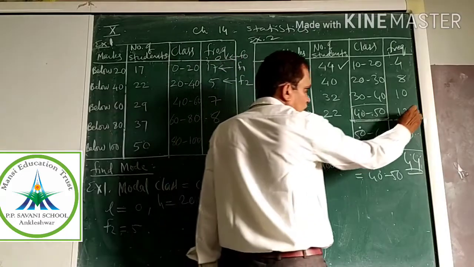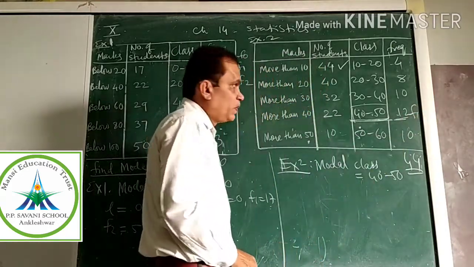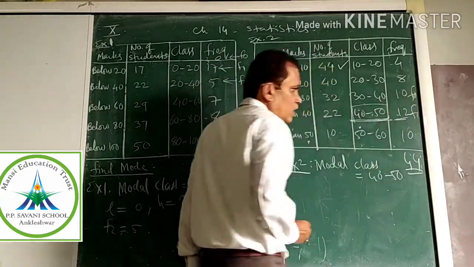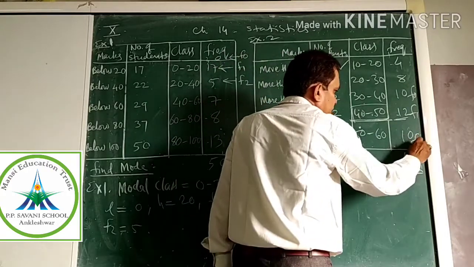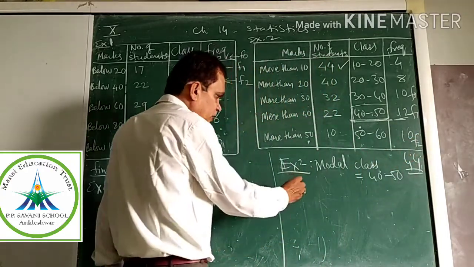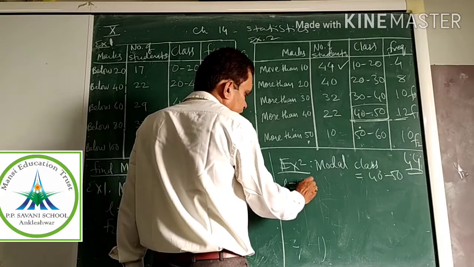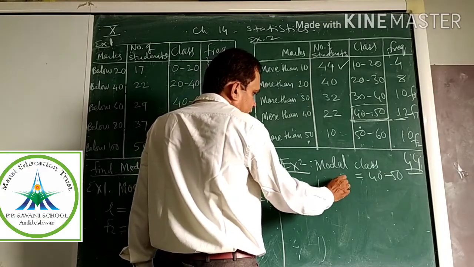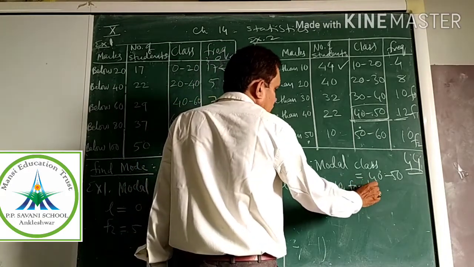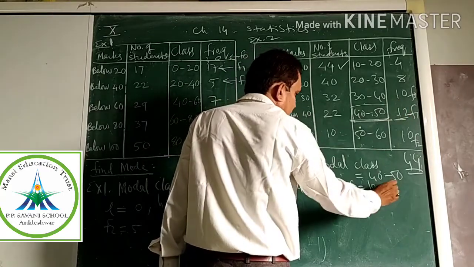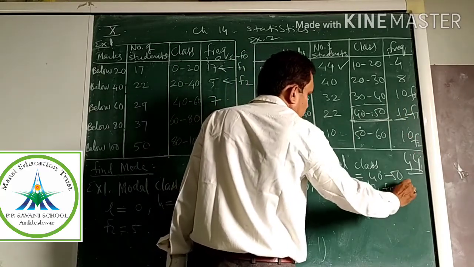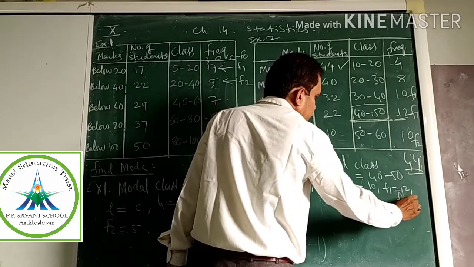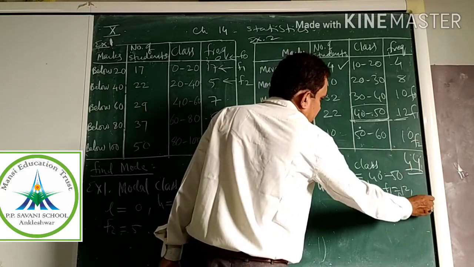The frequency of the model class is F1. Before that F0. After that F2. Okay? So write: h equal to 10, L equal to 40, F0 equal to 10, F1 equal to 12, and F2 equal to 10.